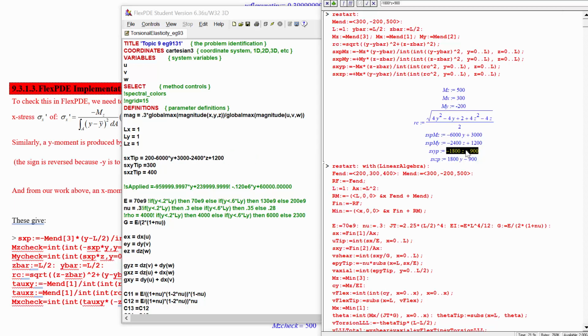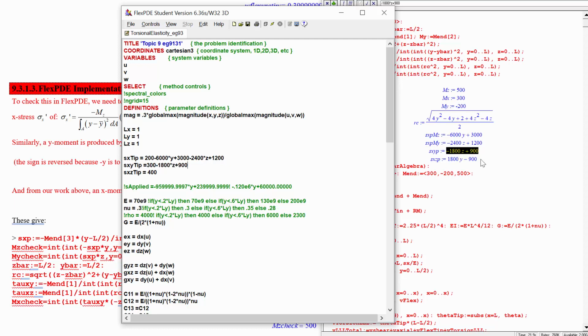And the other two of which we have to add to our y and z stresses. This should have no net stress as a check when they're centered on the centroid. So when you put in y is a half and z is a half, they all give you 0. So that seems like it's working.